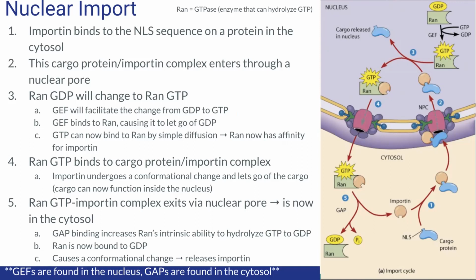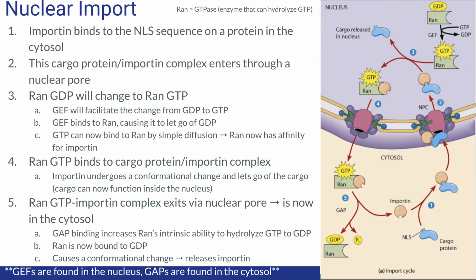What can help you remember that is GEF is wanting exchange. So think of GDP being exchanged for GTP. It's not adding a phosphate, it's just fully exchanging those two different molecules. Whereas GAP, just think activating. So it's helping to activate RAN's intrinsic ability to hydrolyze GTP.